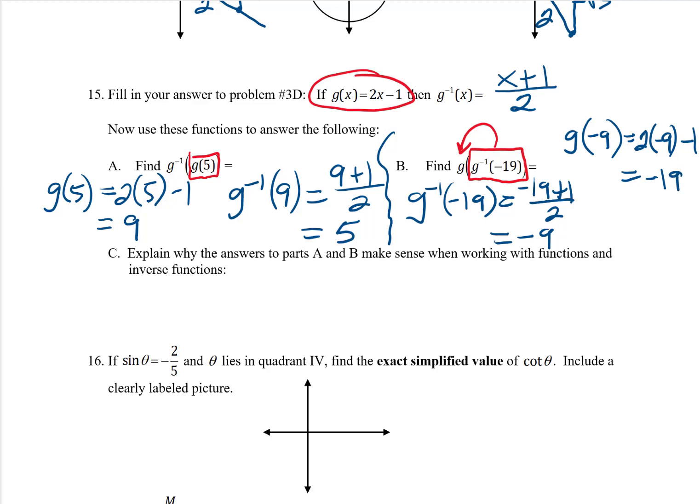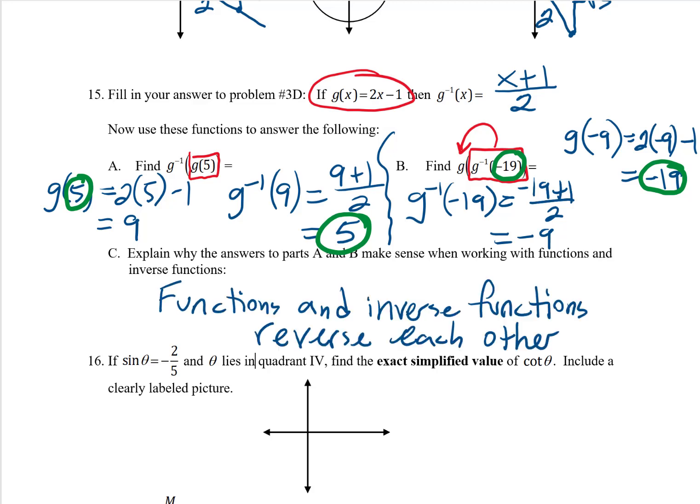Now, if you look at what happened in both of these problems, in the first problem, we started out with the number 5 and we ended with the number 5. Then we started with negative 19 and we ended with negative 19. Why does that make sense? Well, because functions and inverse functions reverse each other. In other words, whatever the original function does, the second function, the inverse function, just undoes it. It just brings you back to where you started.